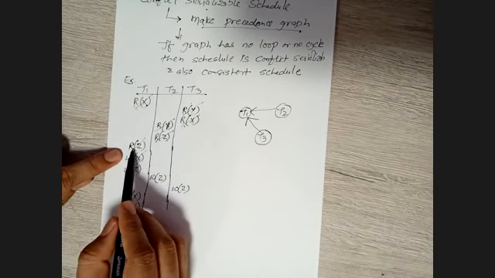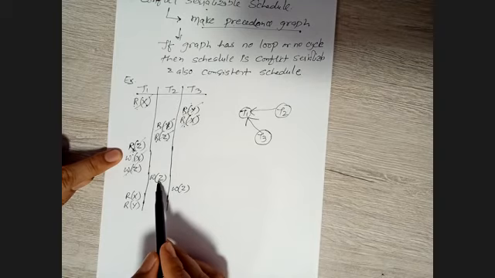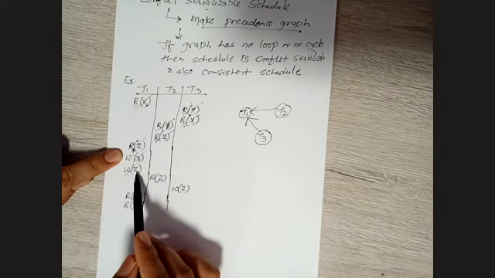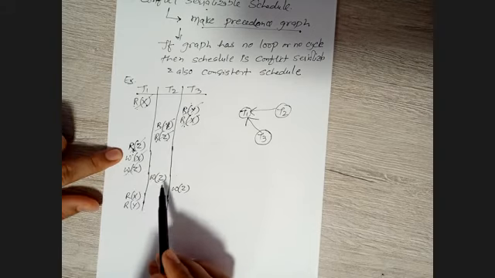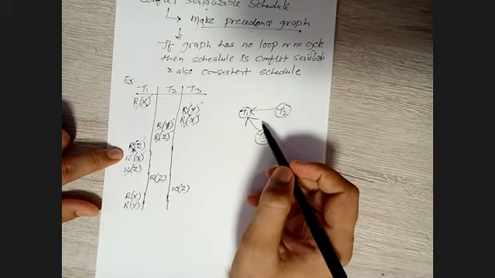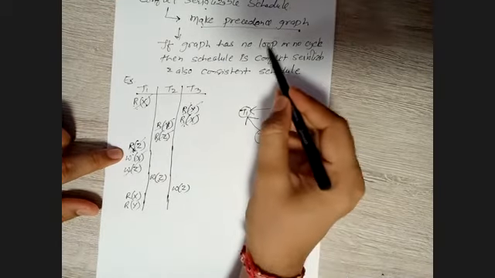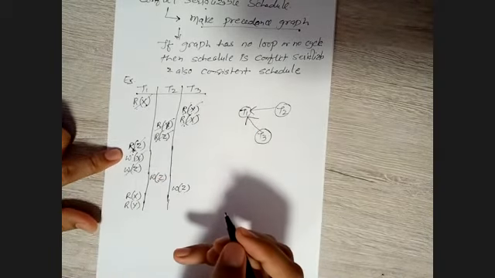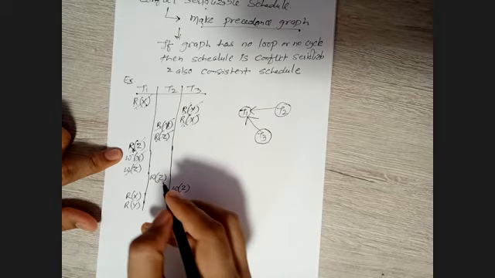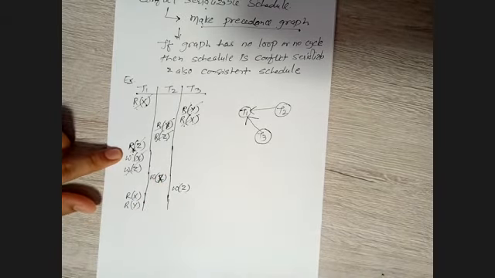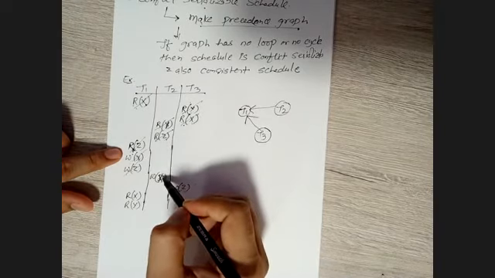For R of Z, we have W of Z over here. So R of Z, W of Z, there is a conflict that is from T1 to T2. But again, we cannot have the loop, because for serializability there should be no loop. So instead of Z, we can take X. If we take X, then probably there is no conflict.